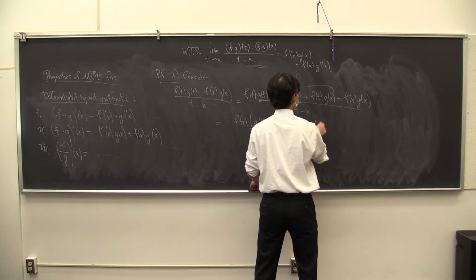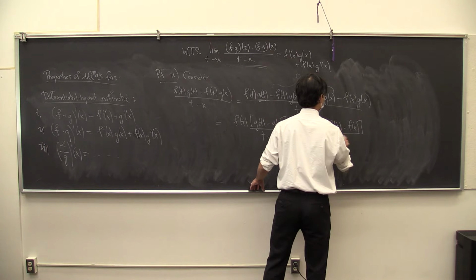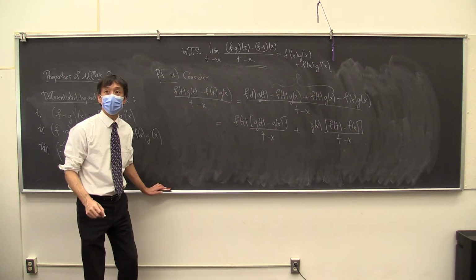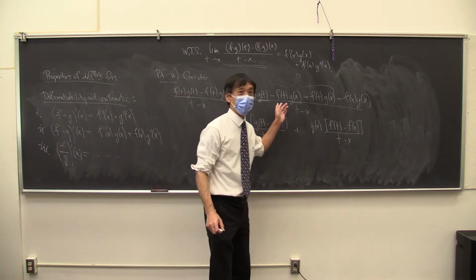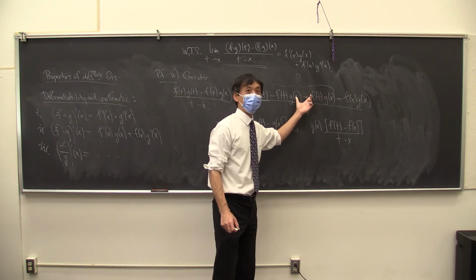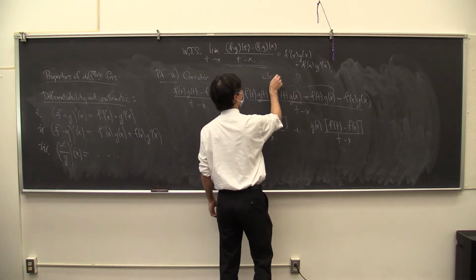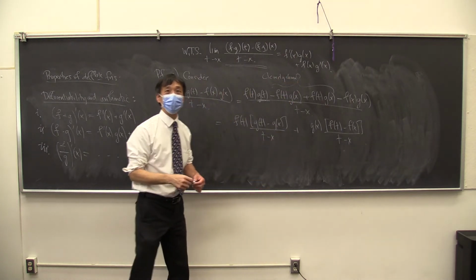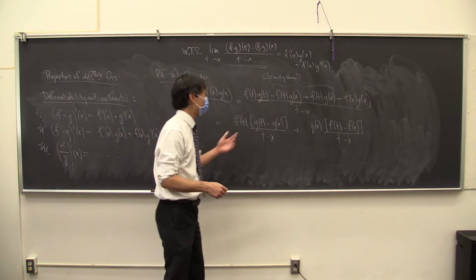We have a g of x here, and we have an f of t minus f of x over t minus x. This is something that happens a lot. You introduce some terms by using a cleverly chosen 0, slid into your thing so that you have things that you recognize, and then you can factor them out.